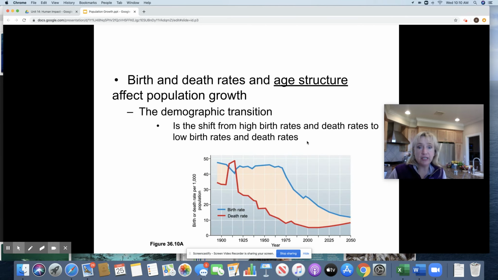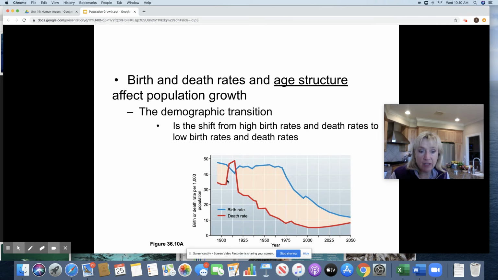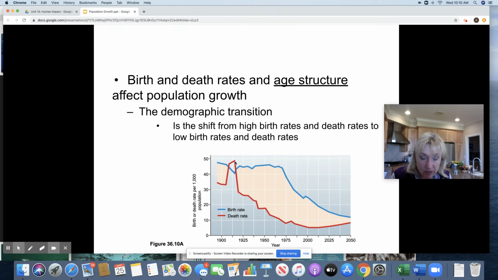All right, birth and death rates affect your demographics. So here we have the birth rate, and here it is decreasing. And then we have the death rate. Ignore this little spike for a second, but the death rate is decreasing, and then they're starting to get closer together. All right, let's look at this little spike. It may seem very interesting, probably more interesting today than last year.